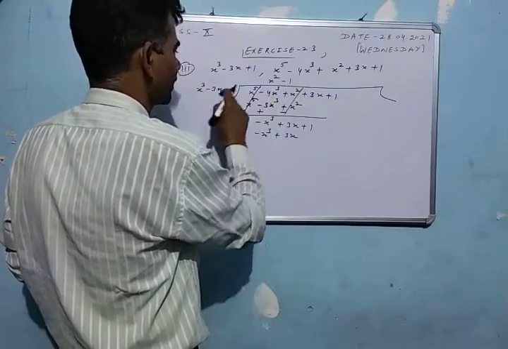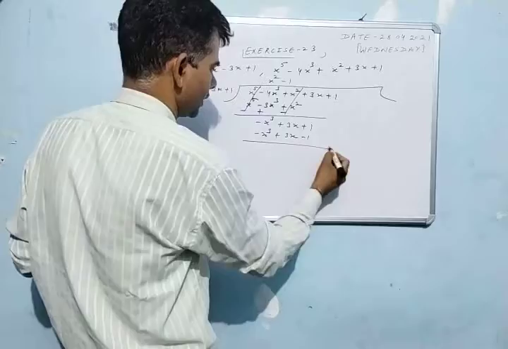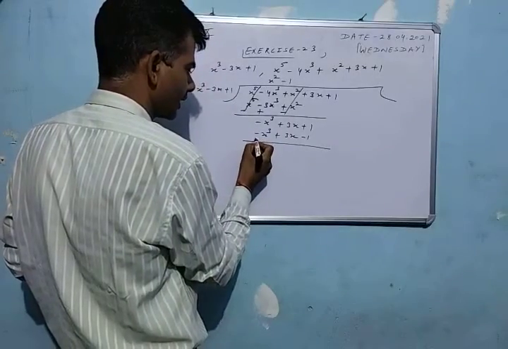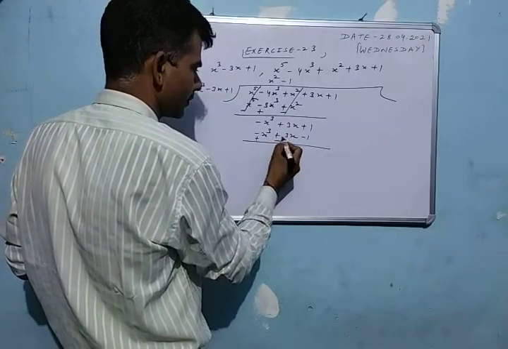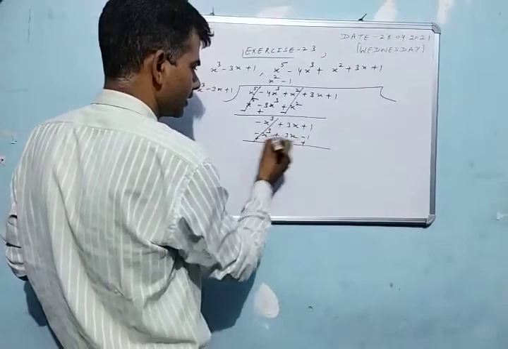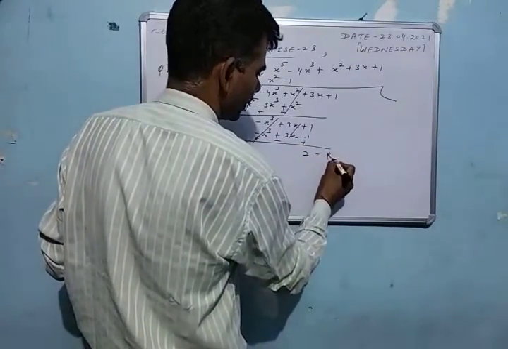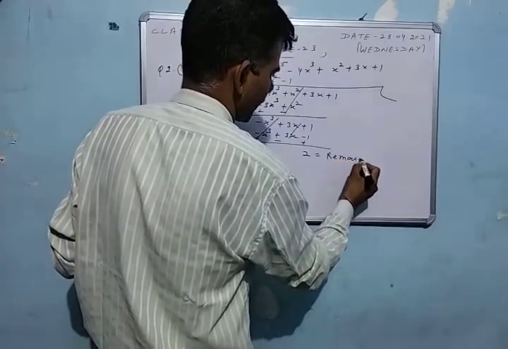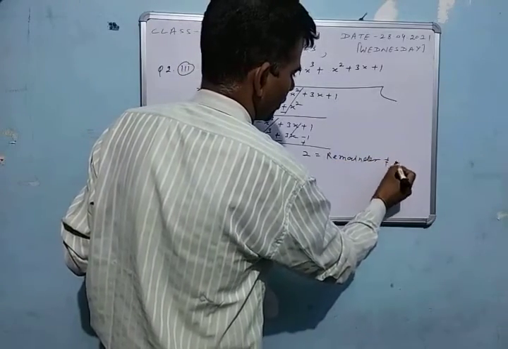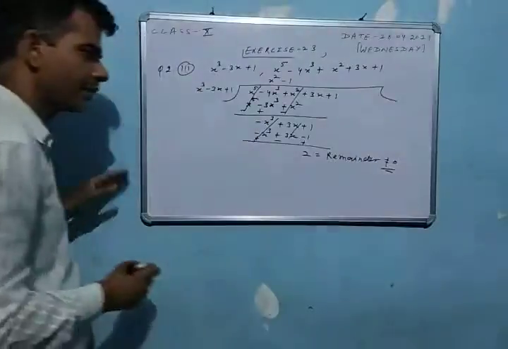Now student, that is minus 1. Sign will be changed. That is minus plus, plus minus and minus plus. Student, the remainder is not equal to 0. That is your remainder. The remainder is not equal to 0.